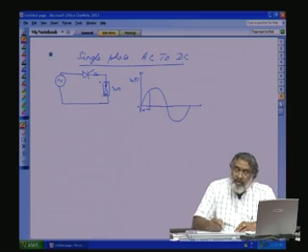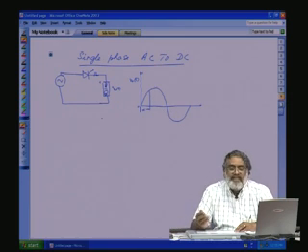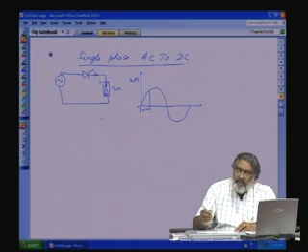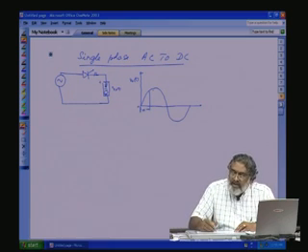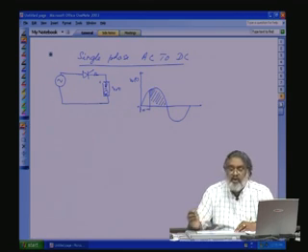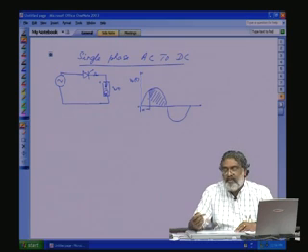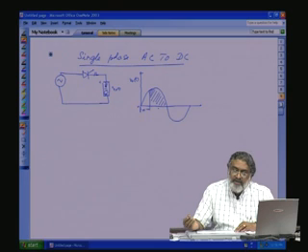Now, if the load is resistive, what will happen? During this portion, the voltage will come across the load. And if it is purely resistive load, then the current will also be instantaneously proportional to the voltage waveform.